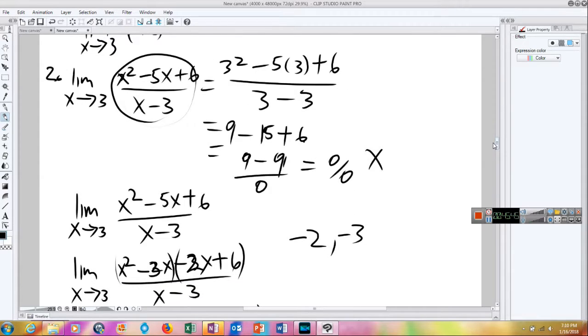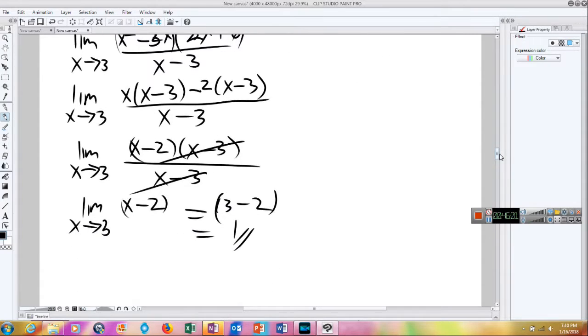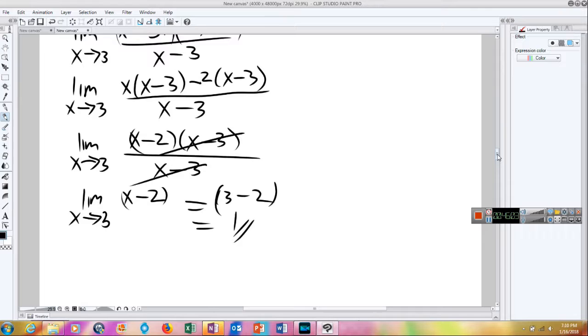So, take some time to get this section down. You can pause here to get this part. And you can pause here to get the rest of it.